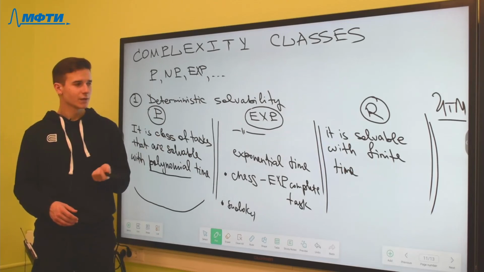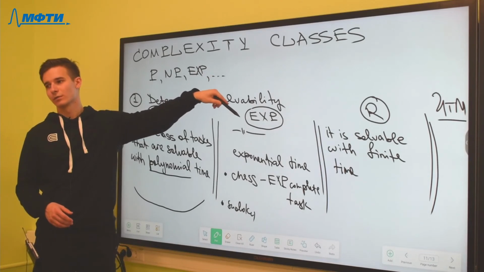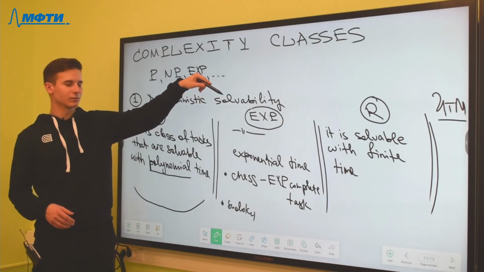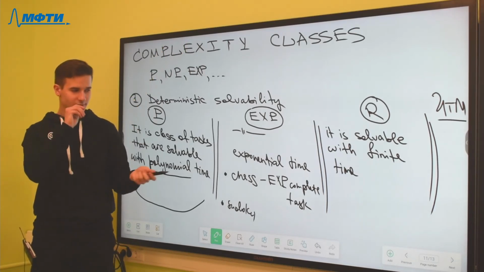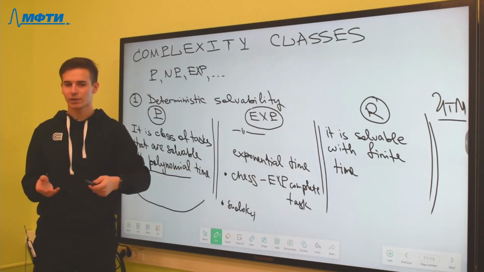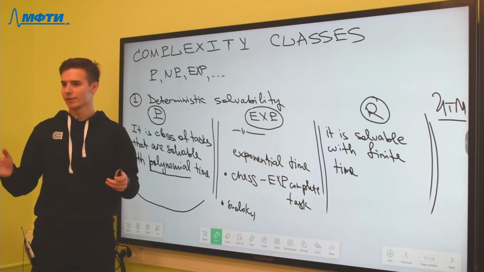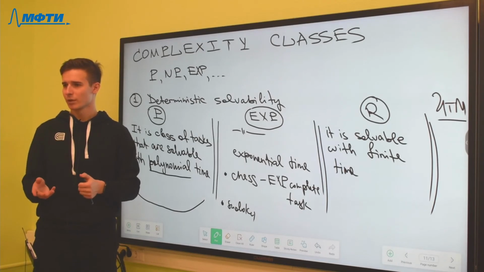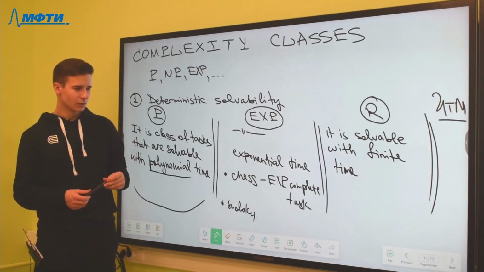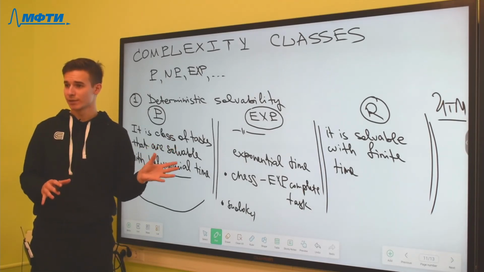Because for example, if you face some task that is placed here in XP class, then you can say that okay, we cannot solve it because it has exponential time and we don't have such computers that can make billions of operations per minute, for example. And then we try to solve this task approximately, for example.